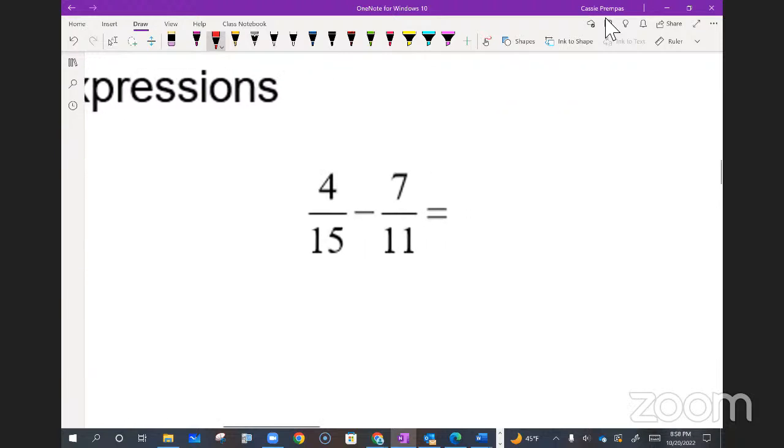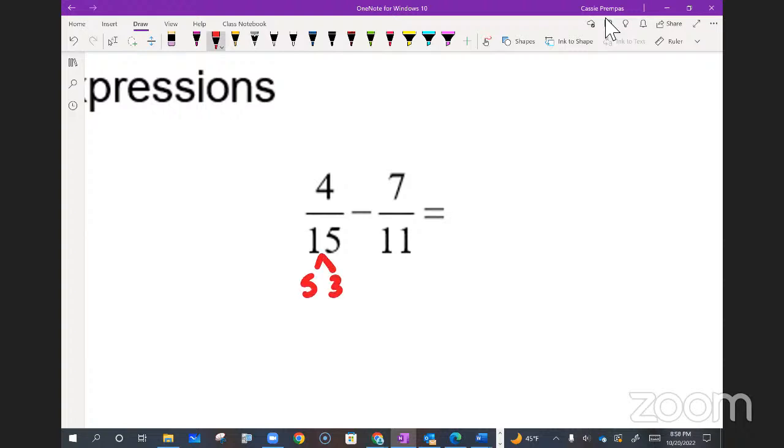All right, looking at this next piece, 4/15 minus 7/11. You might look at 15 and say, well, 15 is 5 times 3. Does 11 share any factors with 5 and 3? Unfortunately, it does not because 11 is a prime number. So the least common denominator is going to be the denominators multiplied by each other, 15 times 11, which is 165.